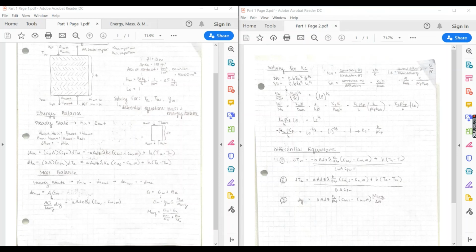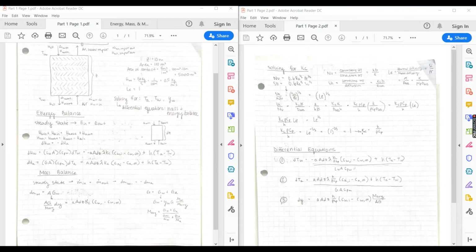So then we'll get k_c times ρ times Cp divided by h is equal to the Lewis number to the -2/3 power. And it was given in the problem that the Lewis number is approximately equal to 1. 1 to the negative 2/3 is equal to 1. So therefore, when we solve this equation for k_c, we'll get that the mass transfer coefficient is equal to the convective heat transfer coefficient divided by the density divided by the specific heat capacity.